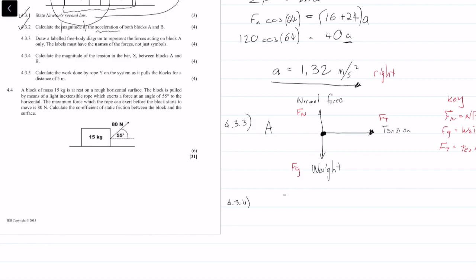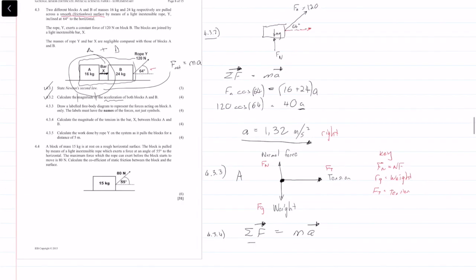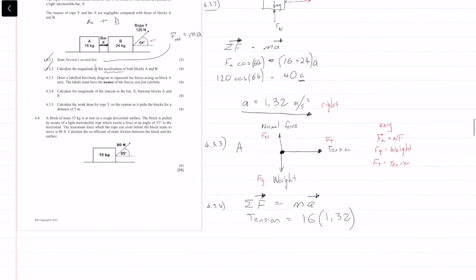What we're going to say is the sum of the forces in that direction, taken as positive, is equal to the mass times the acceleration in that direction, which is positive. What are the forces acting in that direction? We have tension is equal to the mass of A. Remember, we're looking at A now, which is 16 kilograms, times the acceleration of the system, which we calculated as 1.32 meters per second squared.